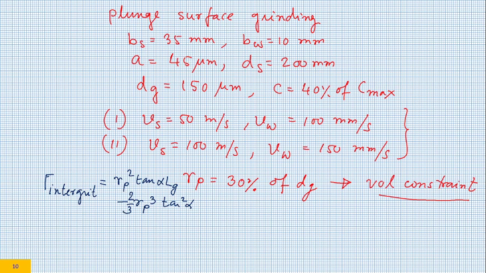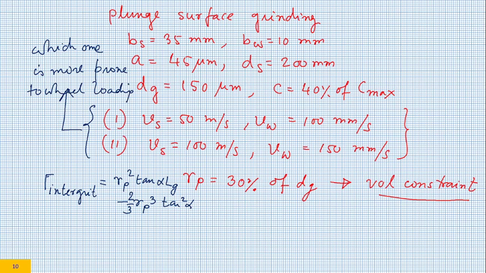This is it. In this particular case, you will initially find out what you have been asked to analyze. That is very important. You have been asked to analyze out of these two cases, which one is more prone to wheel loading.